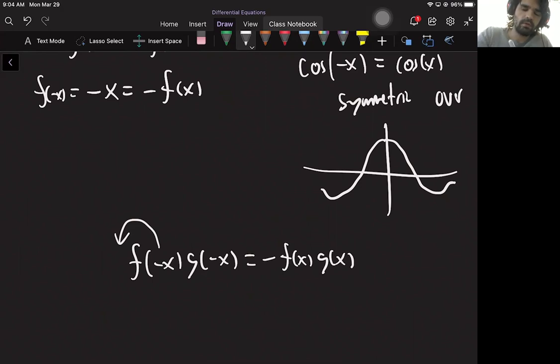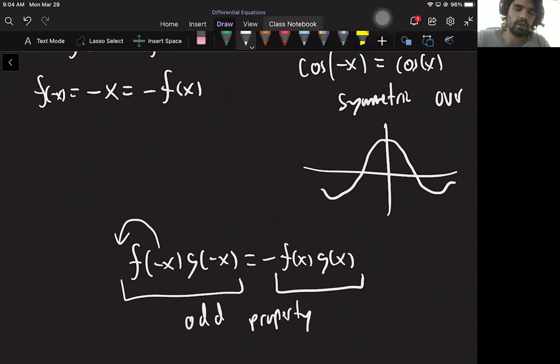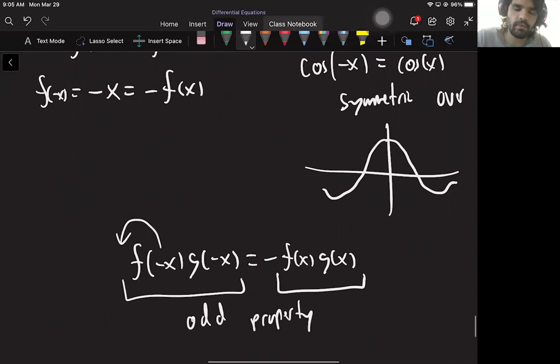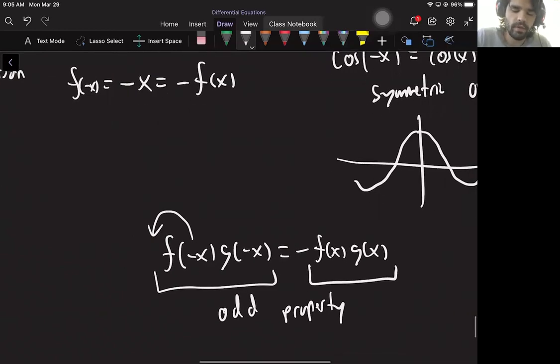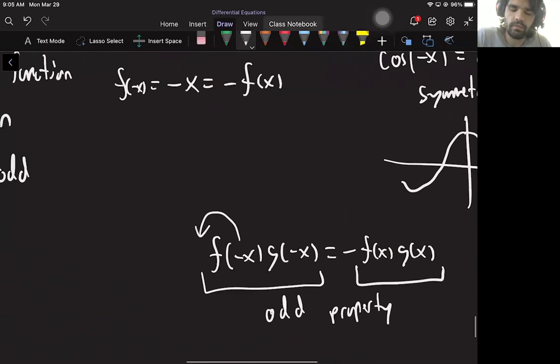So this shows that f times g is odd because changing the x's to negative x's resulted in a negative popping out. So this is an odd function.